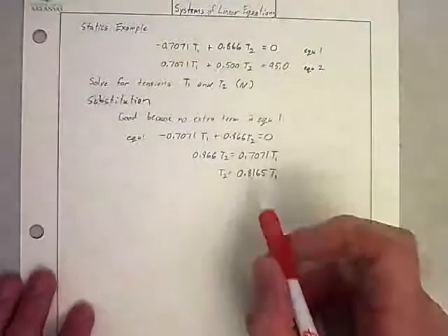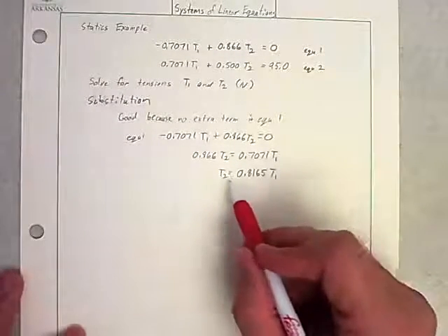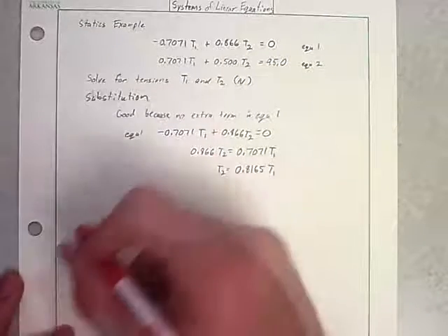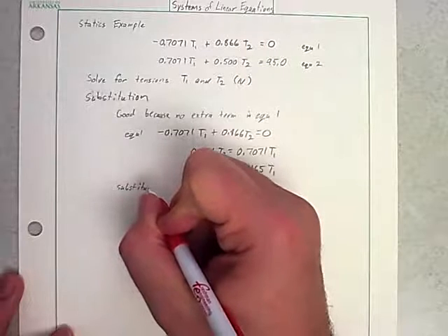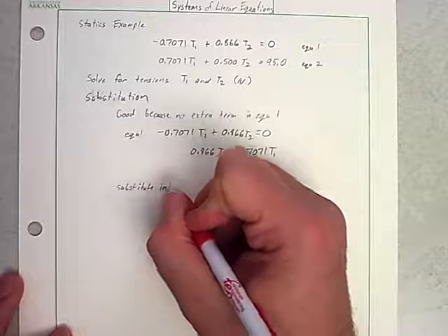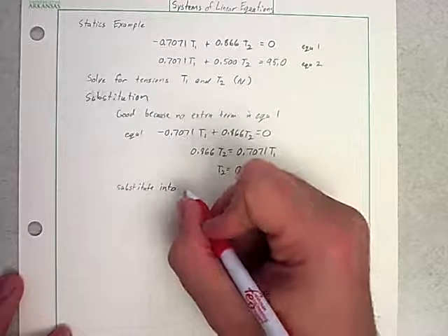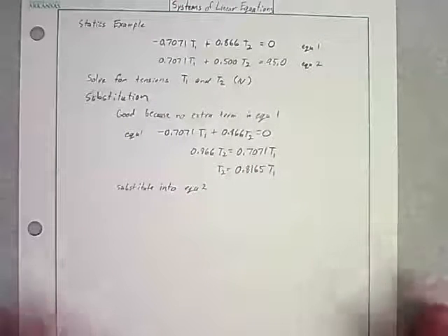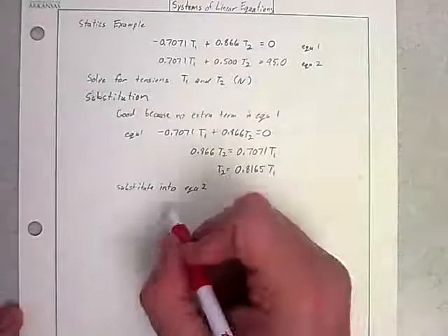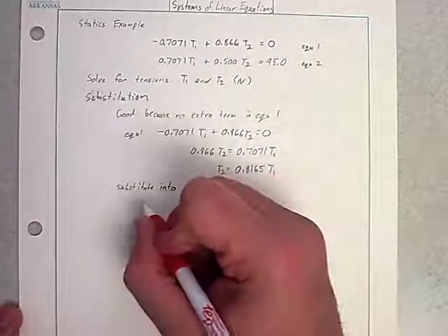So I used equation 1 to get T2. Now substitute into the second equation. Make sure you're using the opposite equation that you used to start with. If you use the same one, you'll just end up getting things like 0 equals 0 or 1 equals 1, which are not interesting.